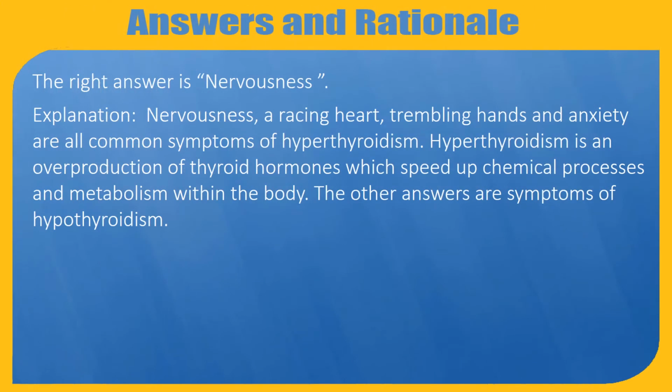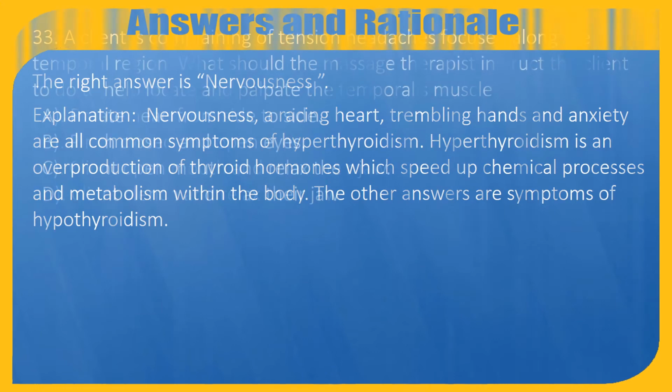The right answer is nervousness. Explanation: nervousness, a racing heart, trembling hands and anxiety are all common symptoms of hyperthyroidism. Hyperthyroidism is an overproduction of thyroid hormones which speed up chemical processes and metabolism within the body. The other answers are symptoms of hypothyroidism.